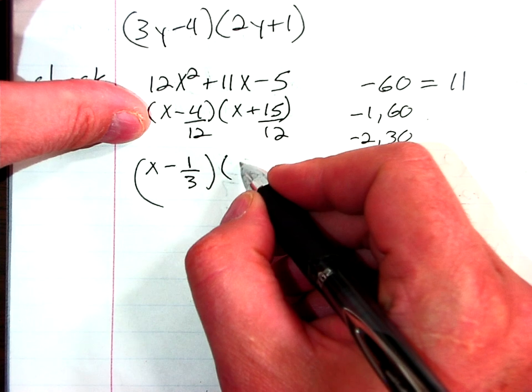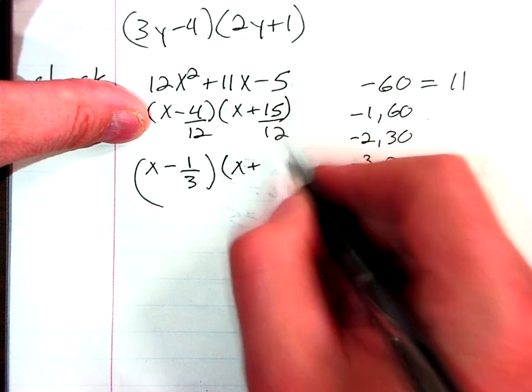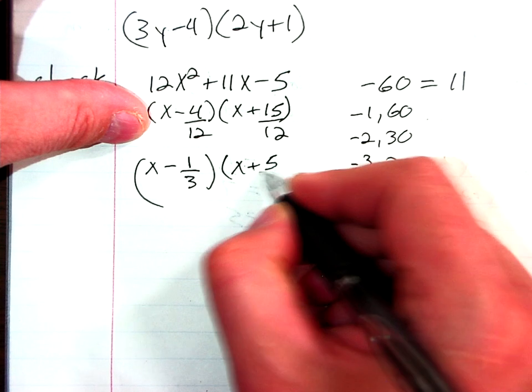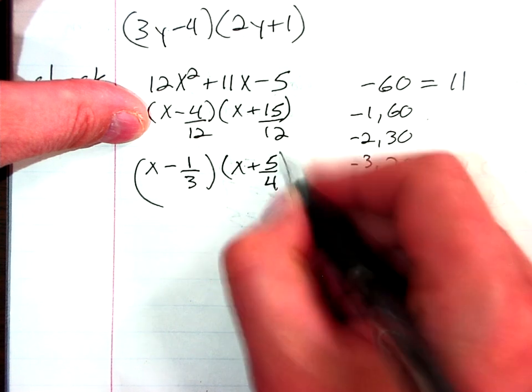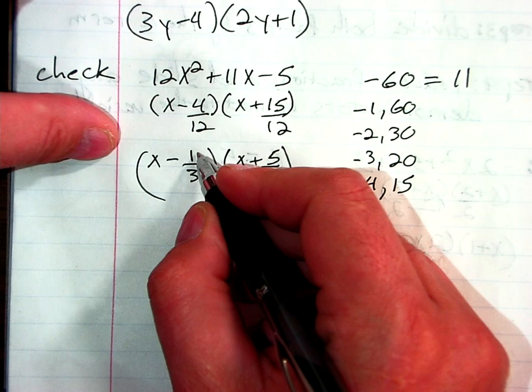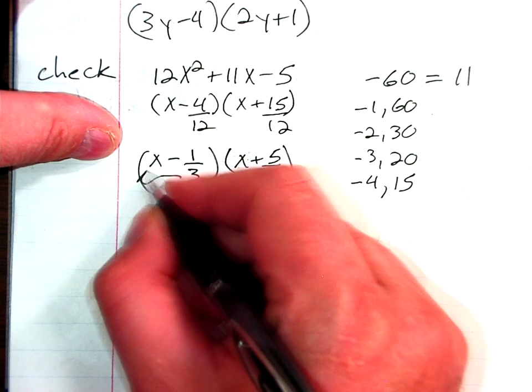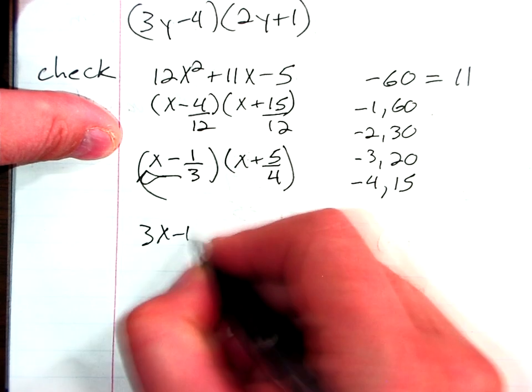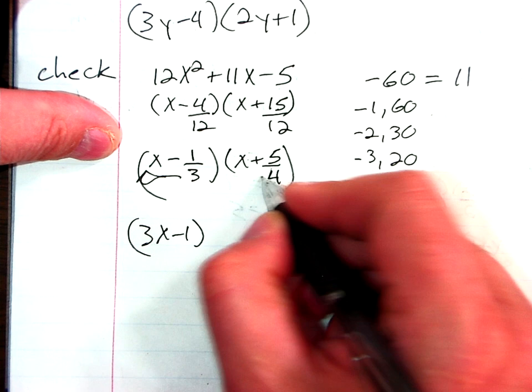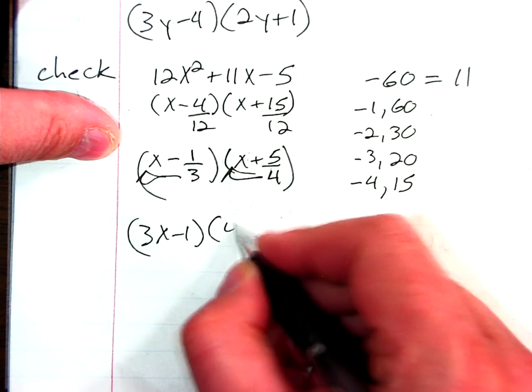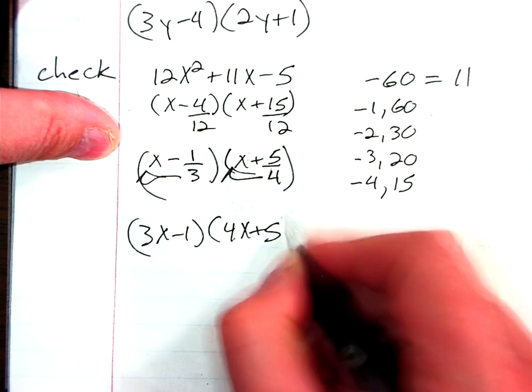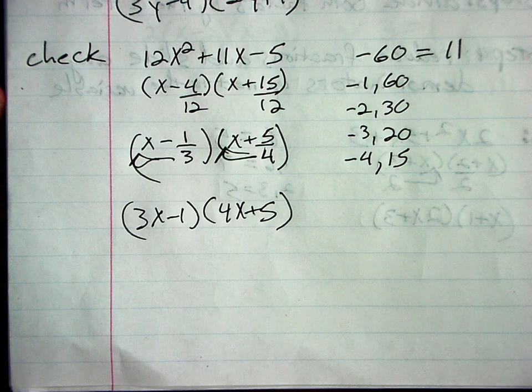I believe 3 does. 3 goes into 15 5 times, 3 goes into 12 4 times. 3 does not go in evenly, so it slides up. 4 does not go into 5 evenly, so it slides up. That is your final correct answer.